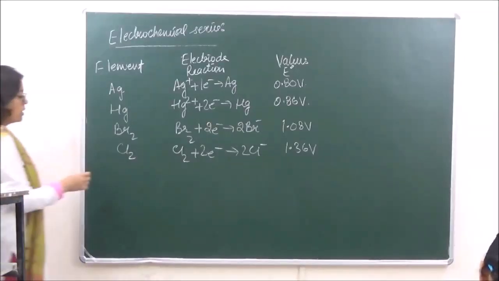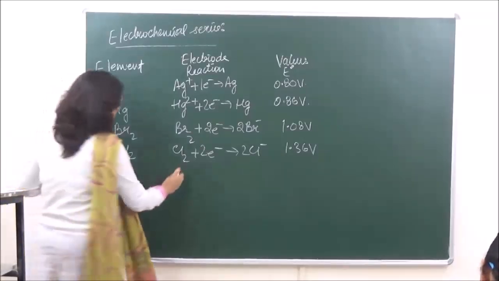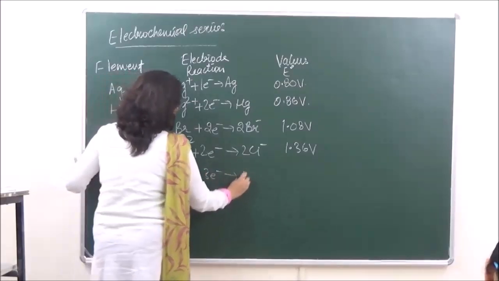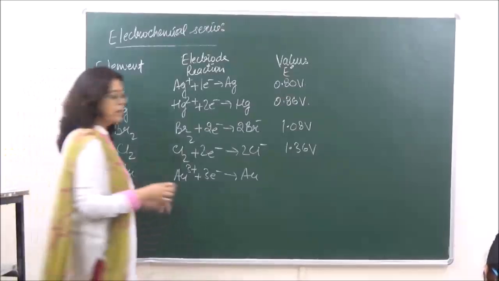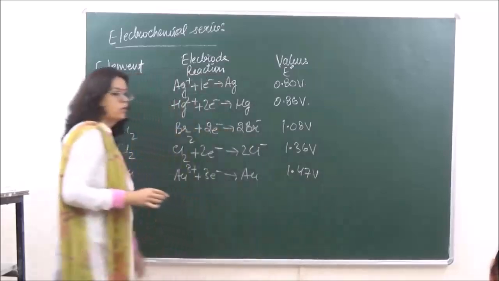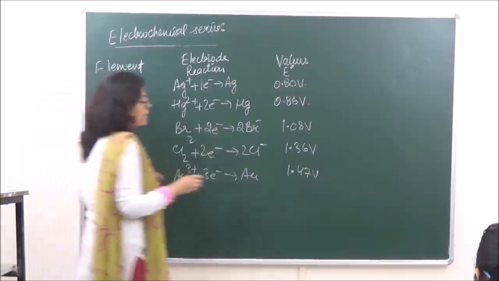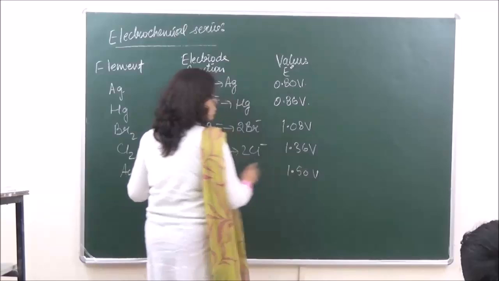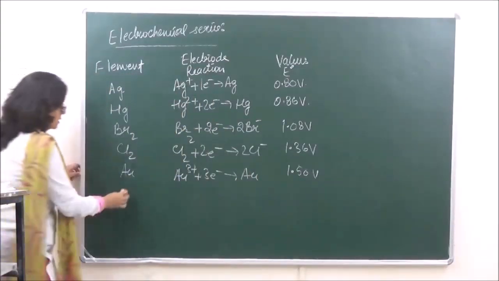After chlorine is gold, and the value over here is 1.47 volts. Certain books also write 1.50, so you can take it as 1.50 volts. Then last is fluorine.